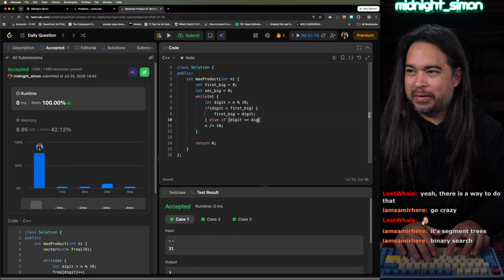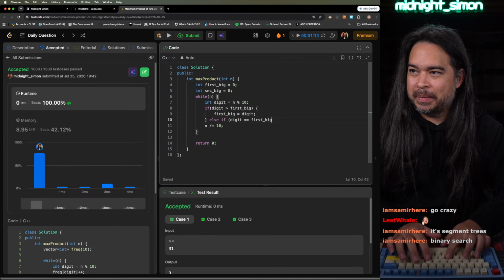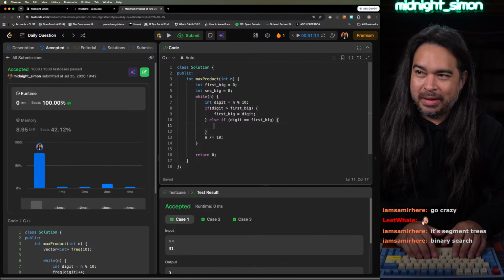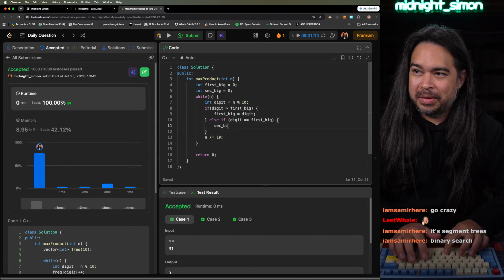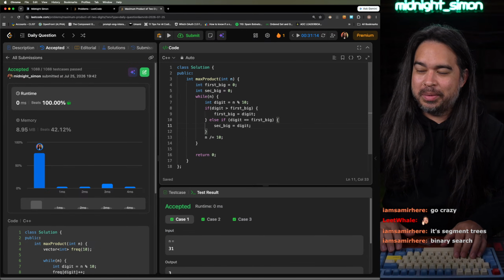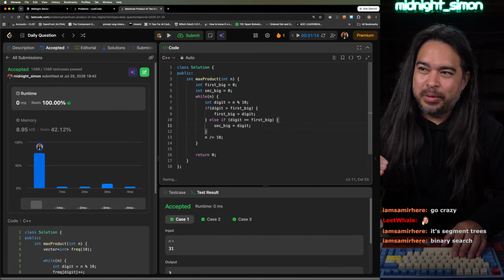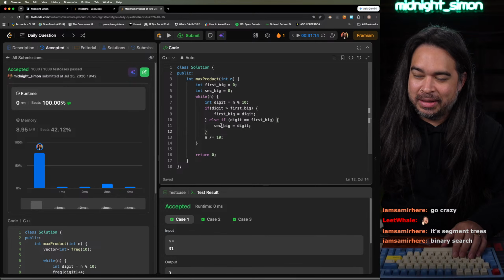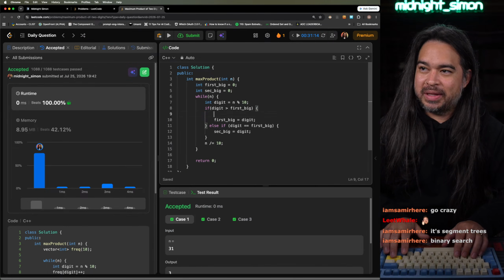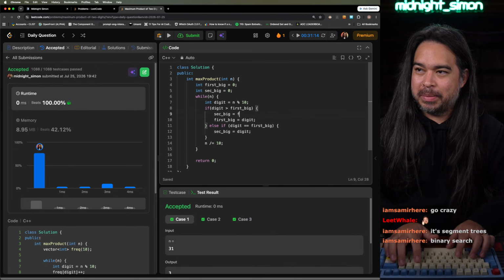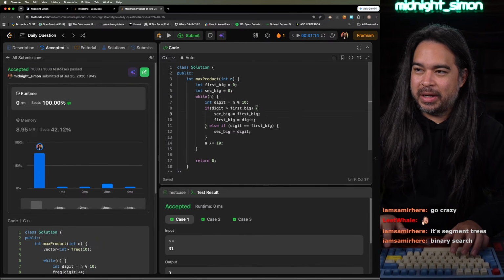equal to the first biggest, then we should pretty much like move it into second place. Wait, if it's bigger than the first, the first becomes that digit, but then the second biggest becomes the first biggest, right?